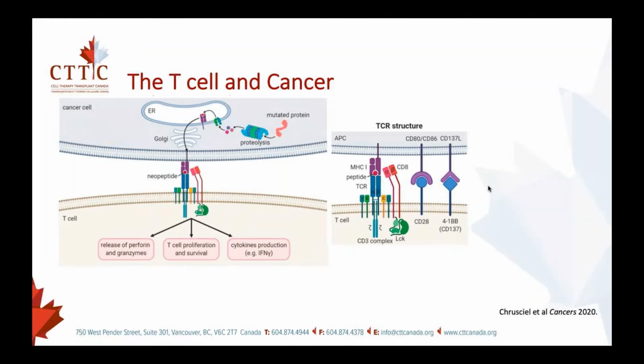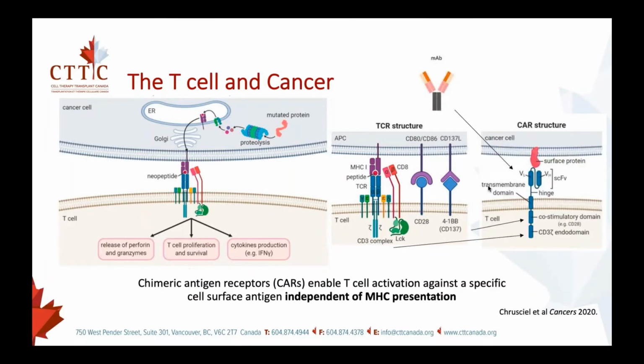Now, the TCR structure is complex, as you see there, involving multiple actors as well as co-stimulatory domains, as you see through CD28 and 4-1BB that are presented here. Now, what CAR T cell therapy does is it allows for T cell activation against a specific cell surface antigen that's independent of MHC presentation. So what we have here is that we've hijacked basically the CD3 zeta endodomain, which is the end signaling pathway through the TCR structure.